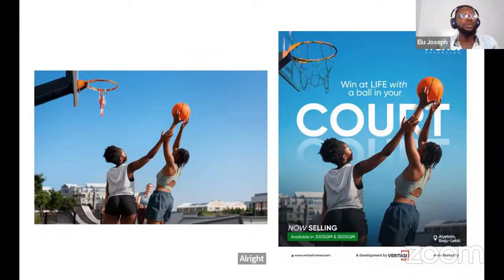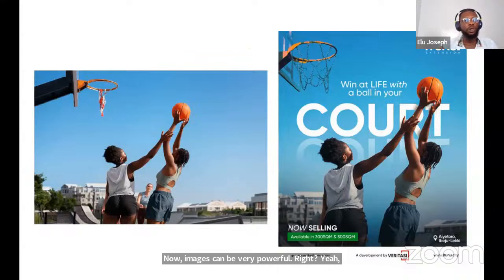Now, images can be very powerful, right? They are a powerful force in a design. Like I said, they play a major, important role. And we naturally are drawn to images, from beautiful high definition photos to carefully crafted graphics. They usually are the first thing we see.